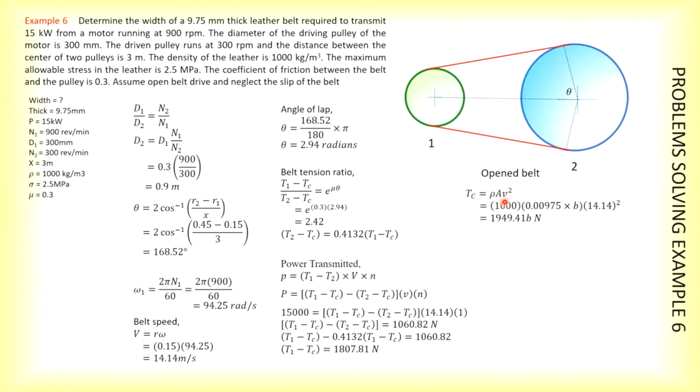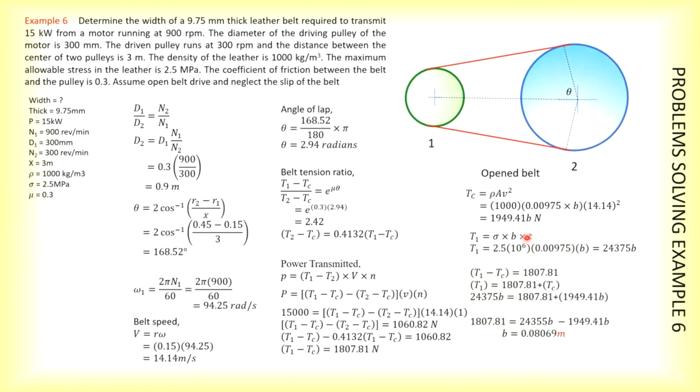Now TC is equal to rho A V square. This is the other way around of the previous problem; in the previous problem they didn't ask you to find the diameter and so on. The stress is given. We just substitute the stress and the thickness.